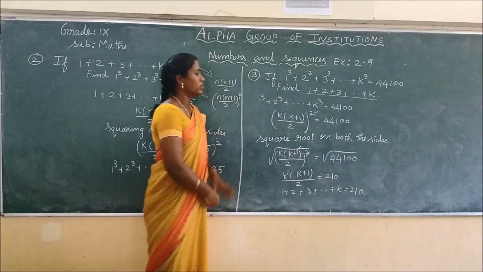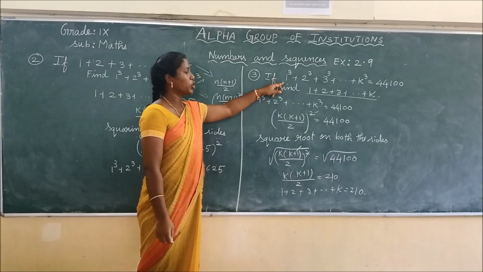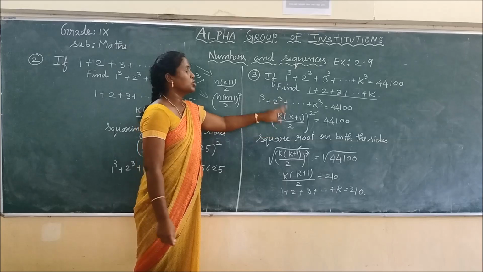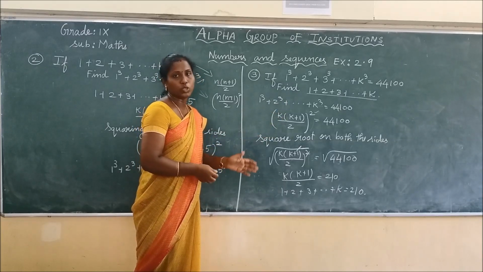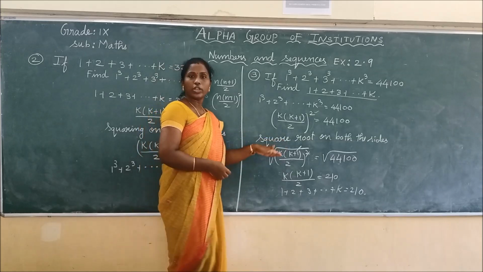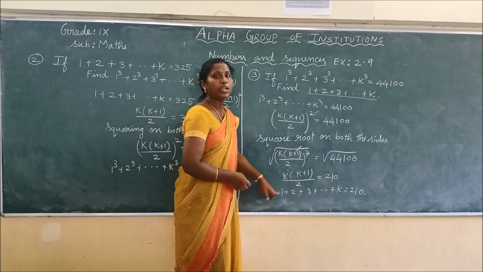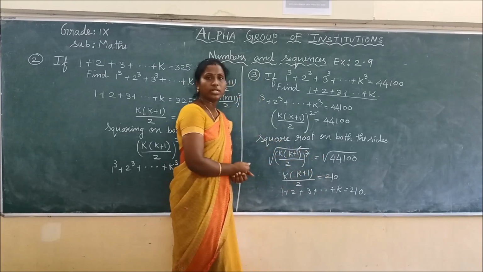If you understand the first problem, it is clear for the second problem. Just take the cube formula; without the square, it is the sum of natural numbers. So I am removing the square by taking the square root on both the sides. If I take the square root, the square will be removed here. So we have the sum of natural numbers 1 up to k, and the square root of this number gives 210.